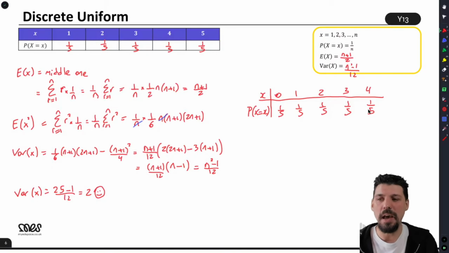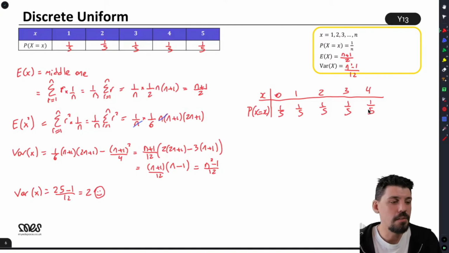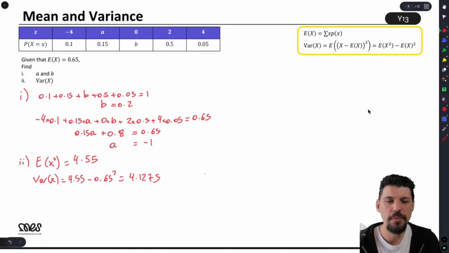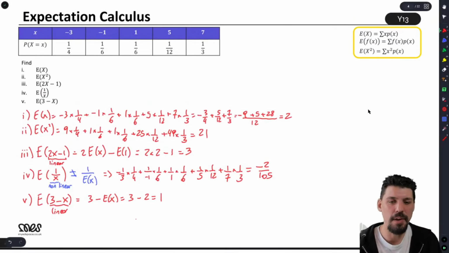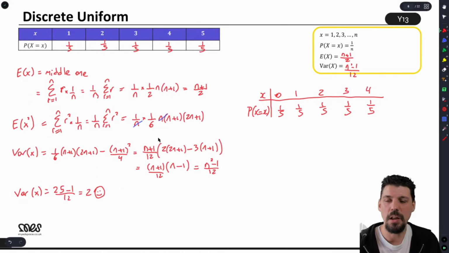So how would I go about getting the results from this one? This doesn't start at 1, but that shouldn't stop us, because much like we were talking about previously regarding expected values of linear transformations, we can use that quite nicely.